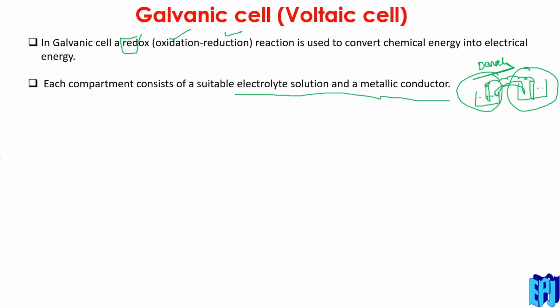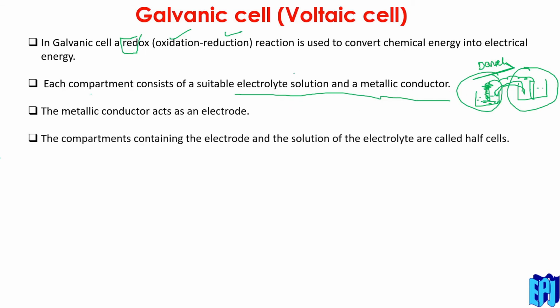You can see there is a metallic conductor and there is an electrolyte. The next one is the metallic conductor acts as the electrode. You know what that means. And the compartment containing the electrode and the solution are known as, a very important point, half cells.